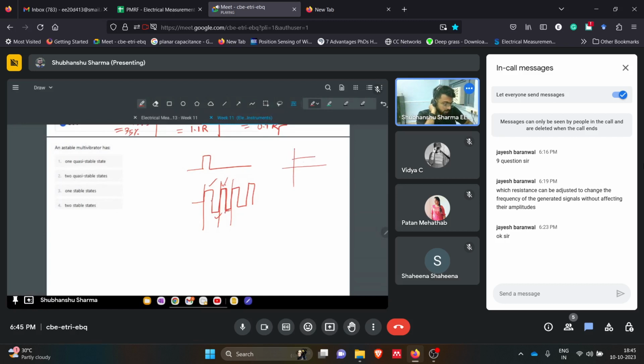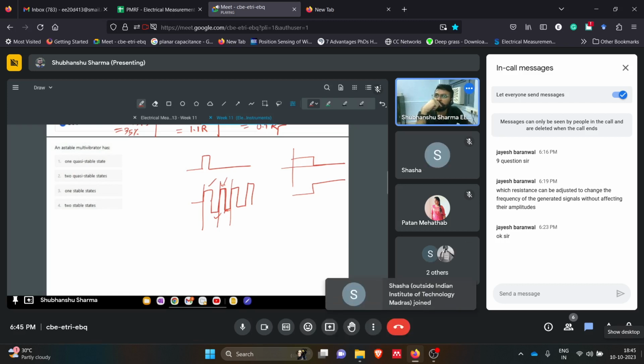One stable state: if it was there and you change something, it will remain like this. Or if the signal was like this and you change something, it will remain like this. That is one stable state. Now two stable states: only if we give a specific input will the output change. It's not voluntary.